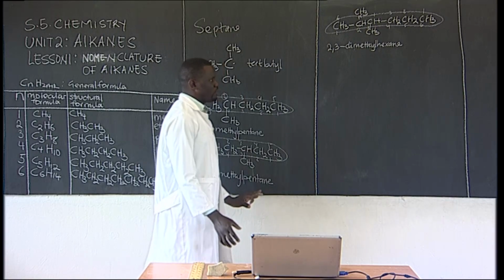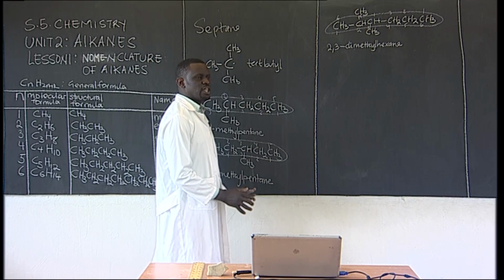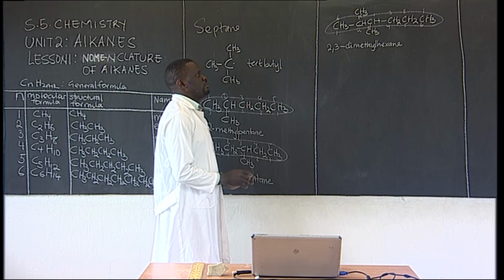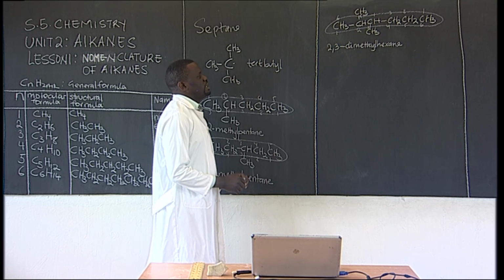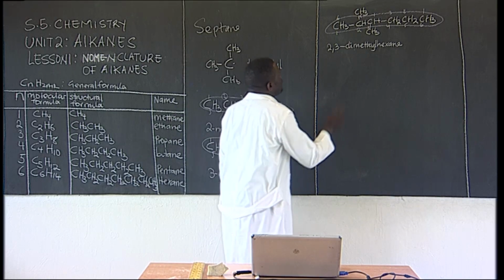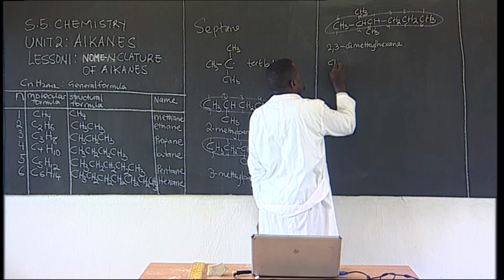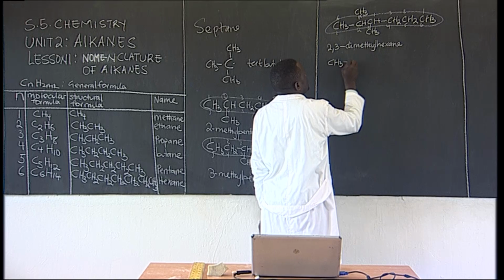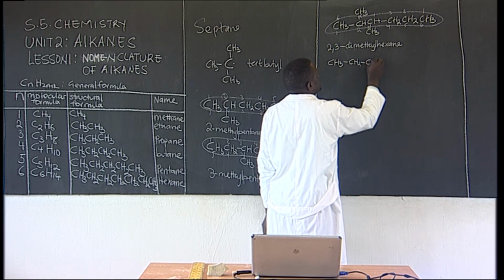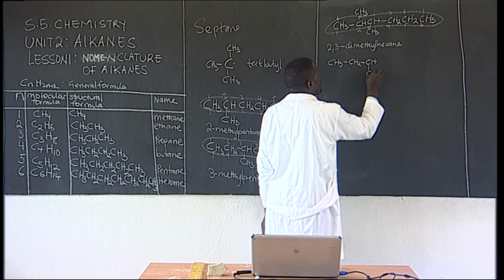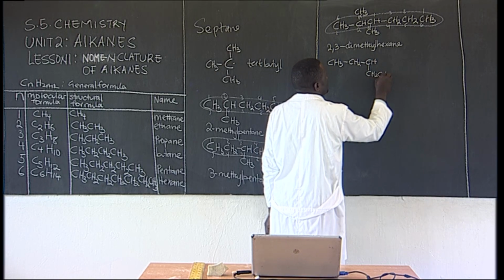So our rules, we are trying to modify them in such a way that we can be able to name very well. So now we are also going to continue with our naming. Supposing now we have 2 different alkyl groups. If you have CH3, CH2 and C, then we have here CH2, CH3.